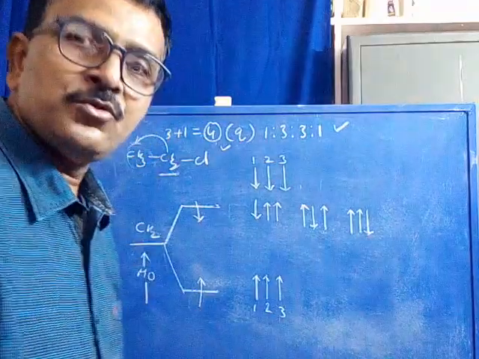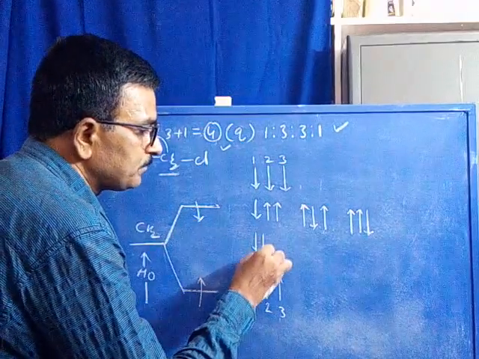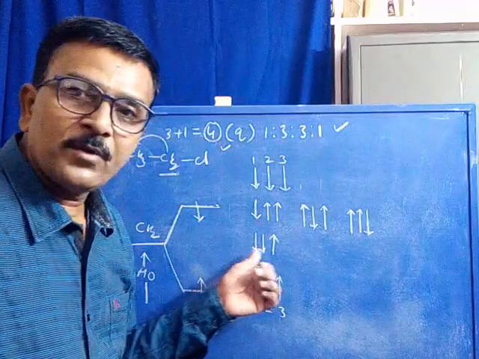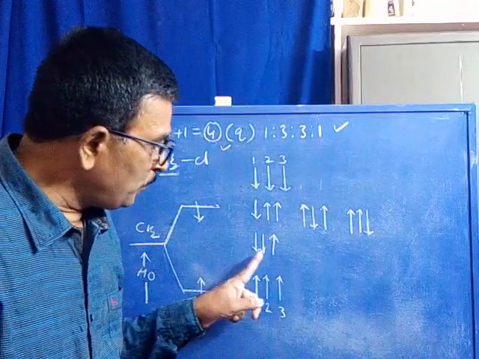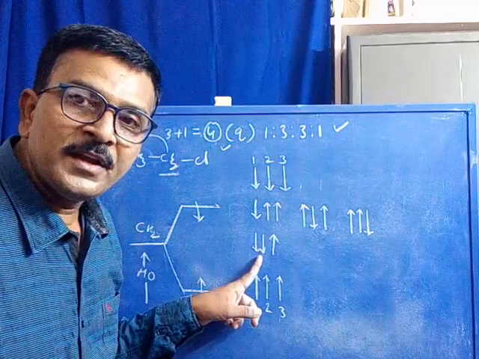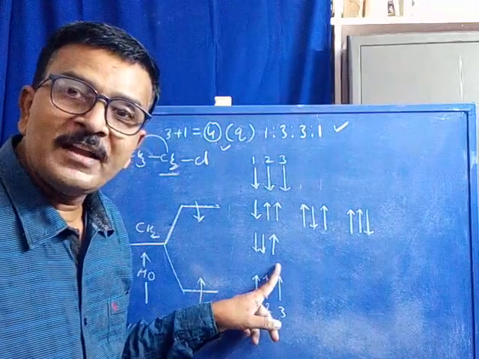Now, we can choose another combination: 2 parallel with 1 anti-parallel. Out of 3 protons, 2 may be parallel with 1 anti-parallel. This is different from the previous orientation.